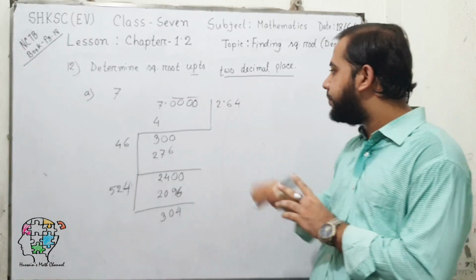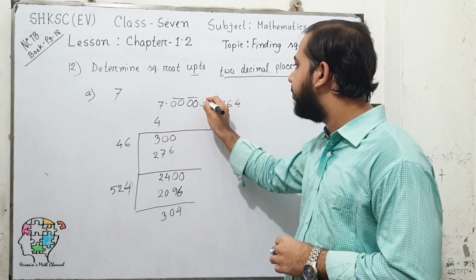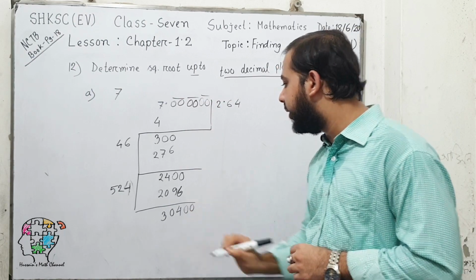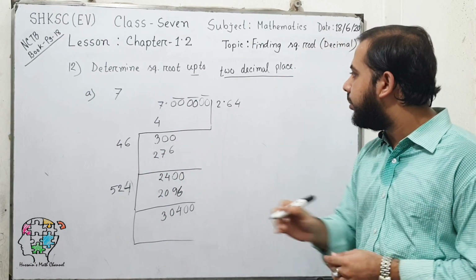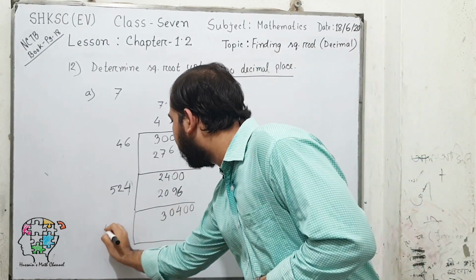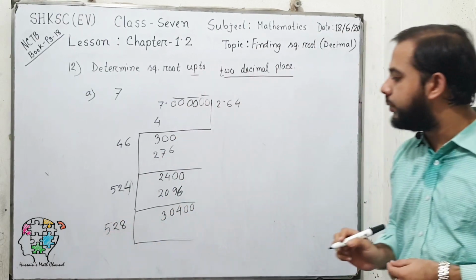So let's see, if we make another pair, we'll get this pair, and now if we make it double, it will be 528.